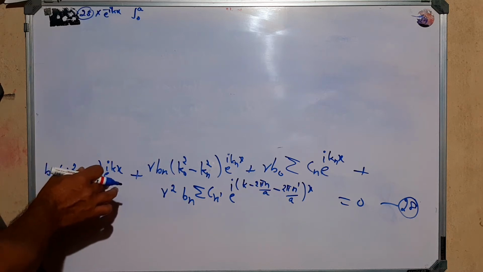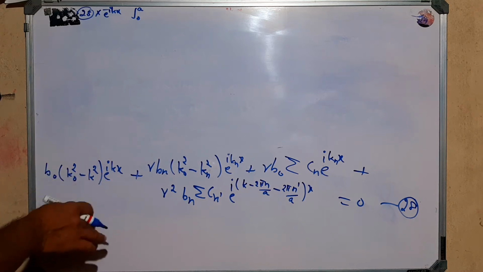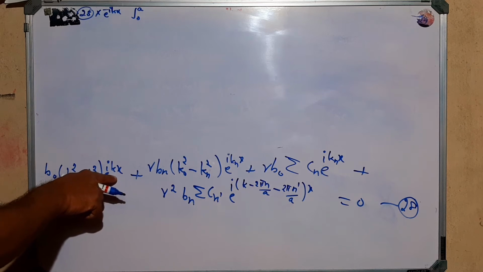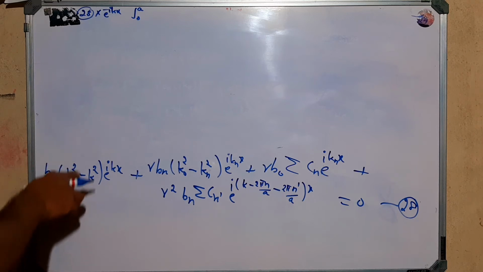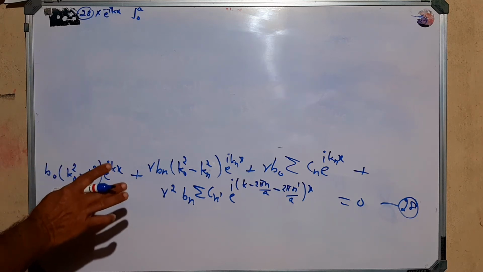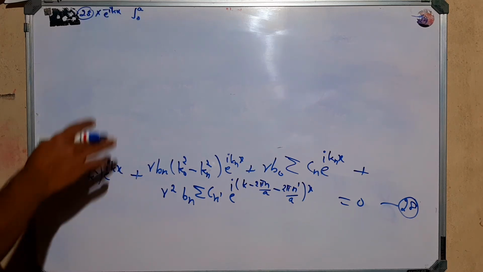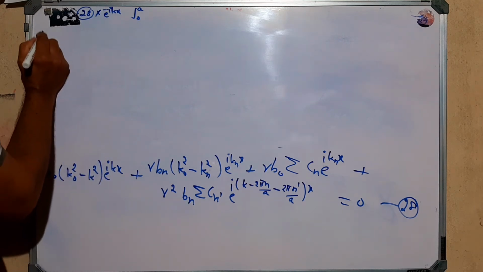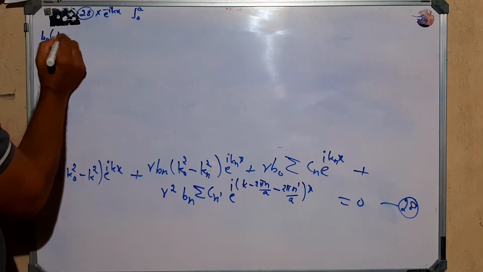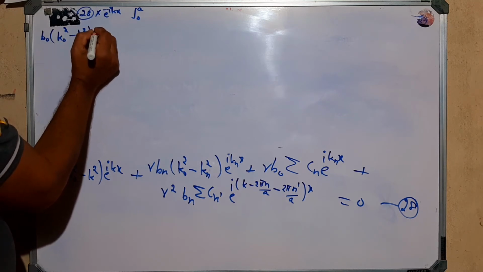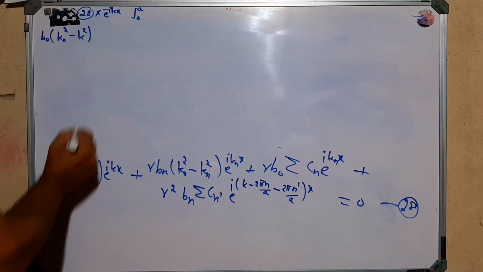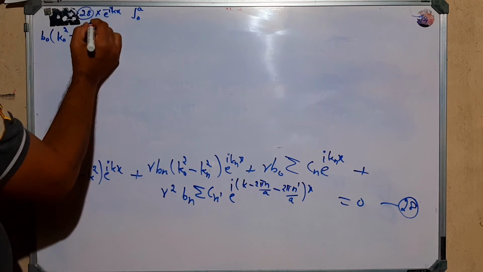When you are doing this, e to the power minus ikx into e to the power ikx gives e to the power 0, which is 1, integration of dx is x, upper limit is a. Therefore you are now getting b naught into k naught square minus k square into a, right.